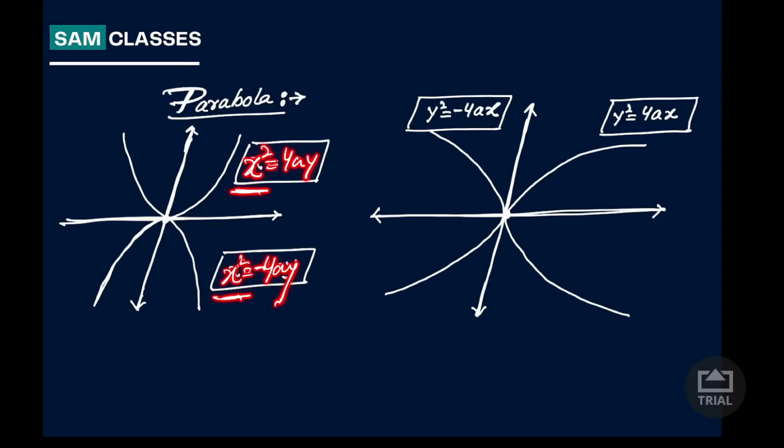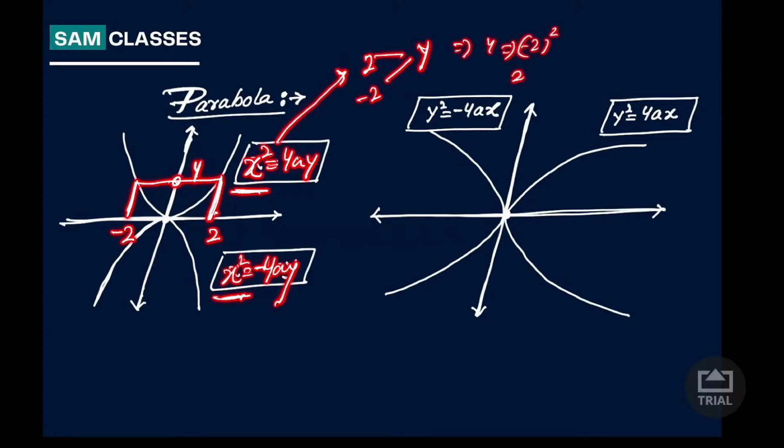Very simple. See here. Just take a value 2 and here minus 2. If for both 2 and minus 2 I am getting a value here, let's say 4, it means that it will be x square. Means for two values of x, we'll get a single value of y. Clear? If I want to write 4, I can write it as minus 2 square also and 2 square also.